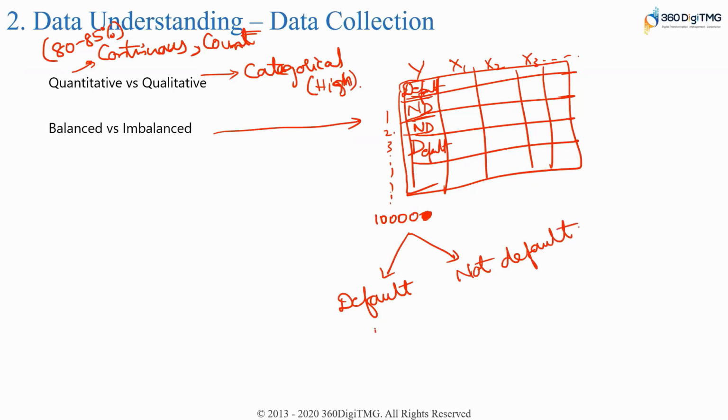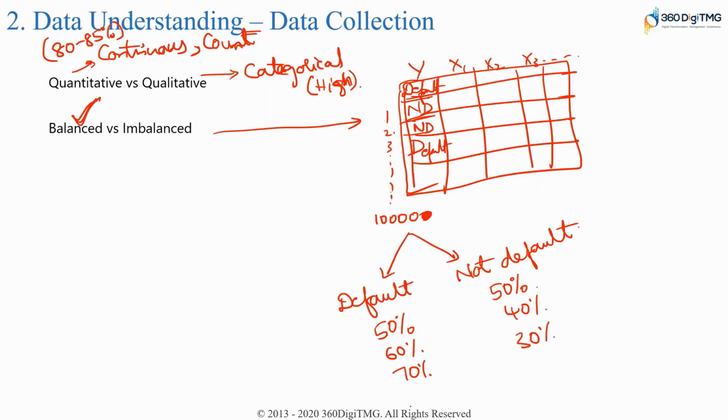If you have 50% of cases which are default and 50% which are not default in your output, then that's a balanced data set. If you have 60% and 40%, still it is balanced. If you have 70%, 30%, still it is balanced.